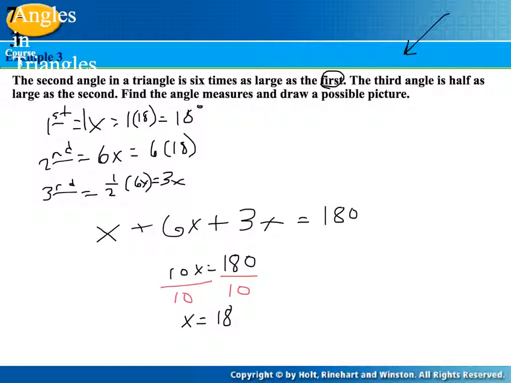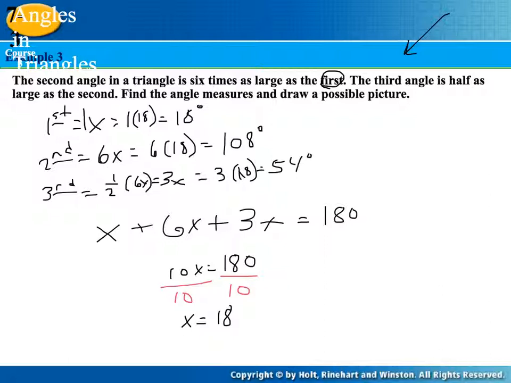What's 6 times 18? 108 degrees. Last one, 3x. I need to take 3 times my 18, which is what? 54. 54 degrees.